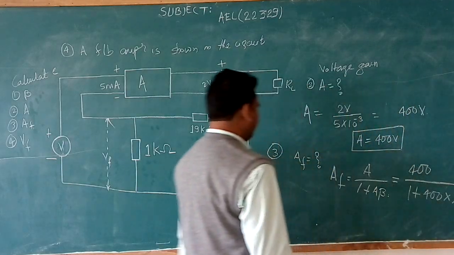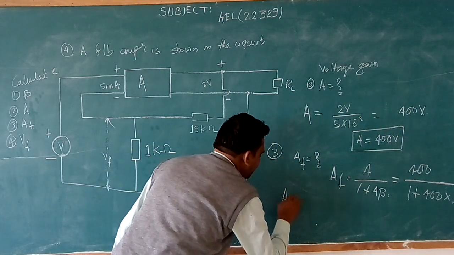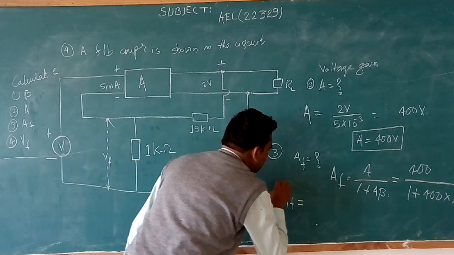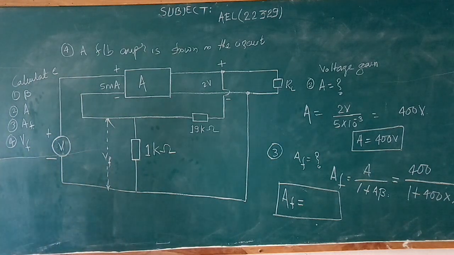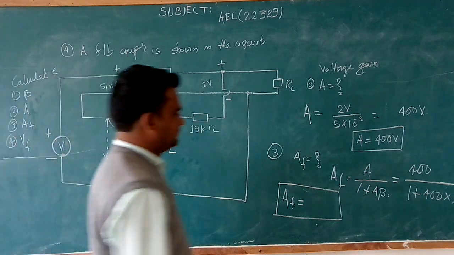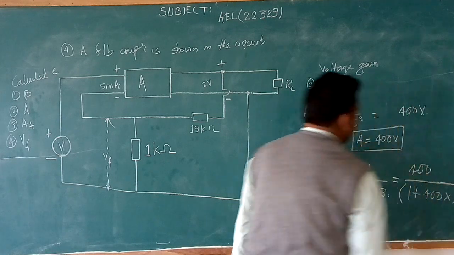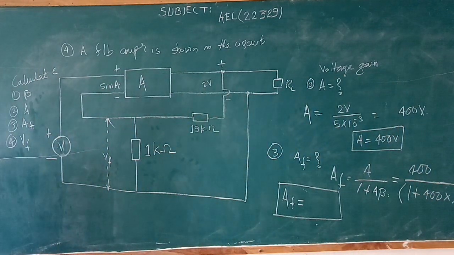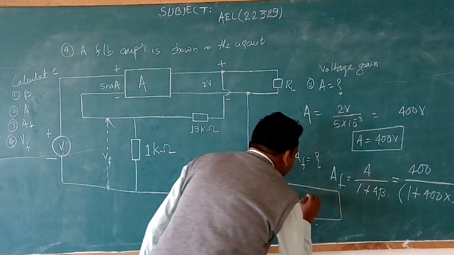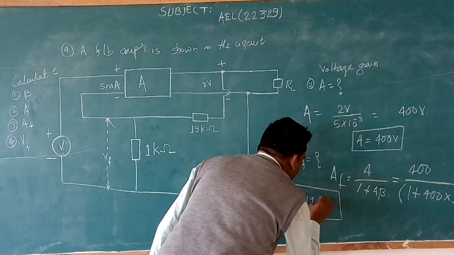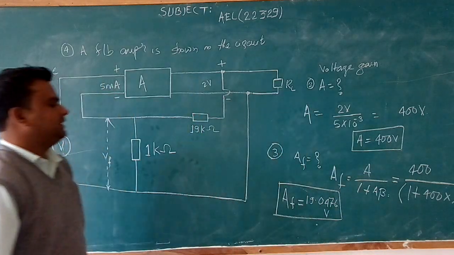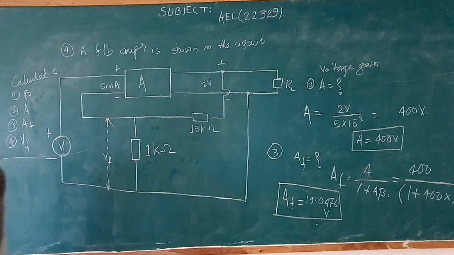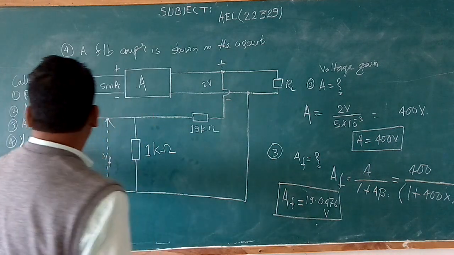After calculating, we get Af equals 19.0476 volt.